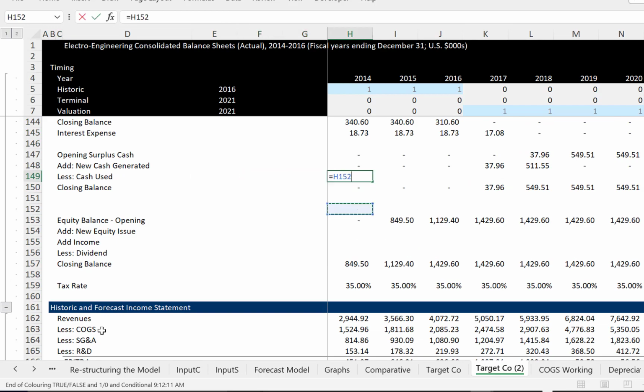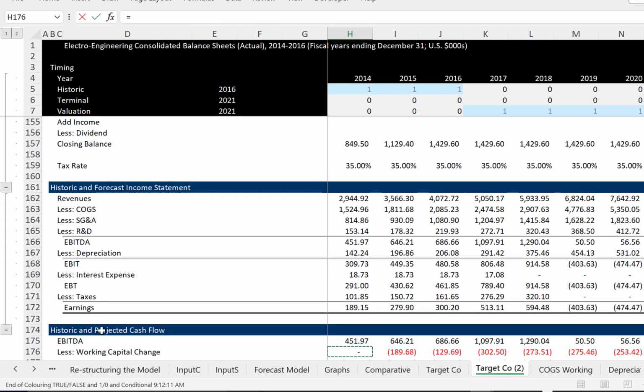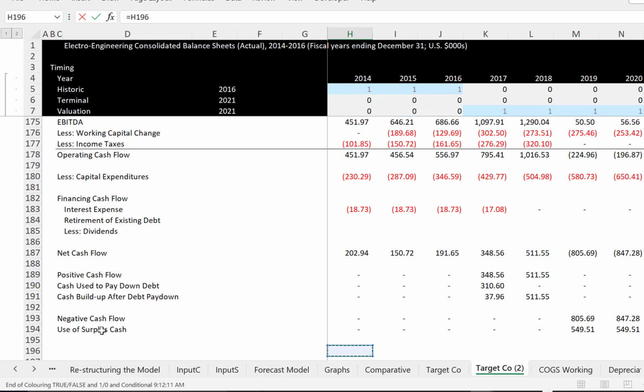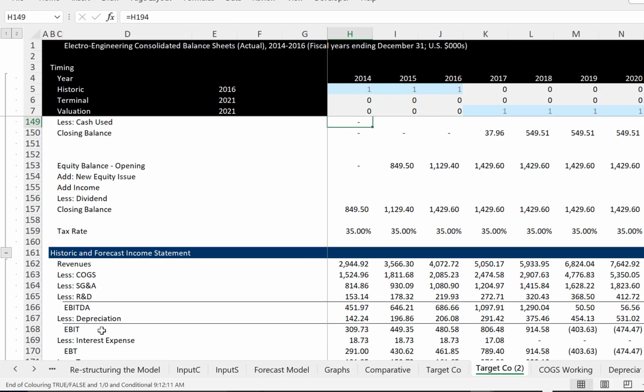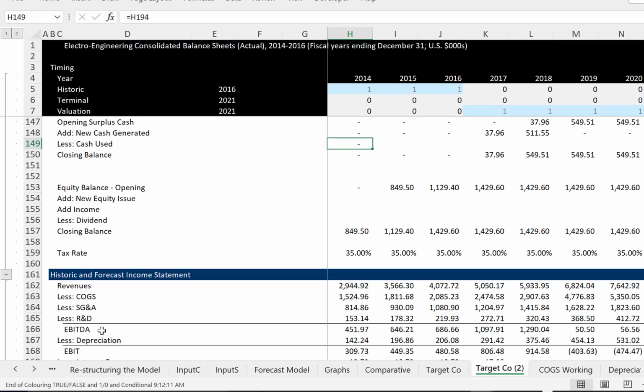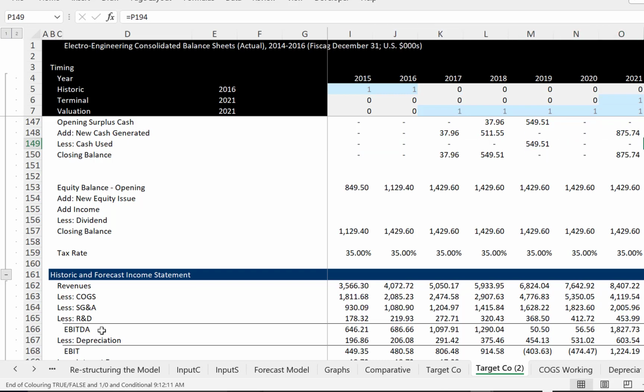You just go downstairs, and on all these changes, you have to take these straight from the financial statements, and you press Shift Control R, and then we've paid down our debt, and then we're building up some cash.